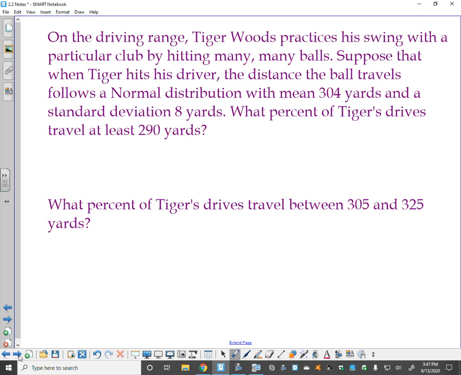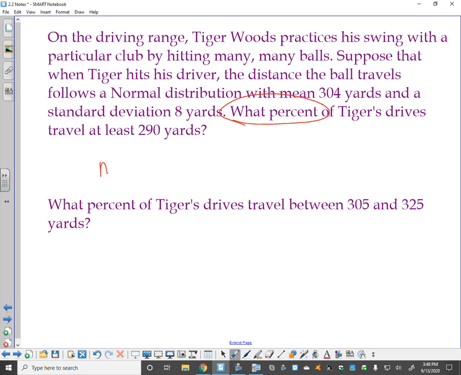It says, what percent? When you see what percent, it's asking you for the area. So when you see what percent, I know that I am normal CDF. I'm a normal CDF because it's asking me to find the area.